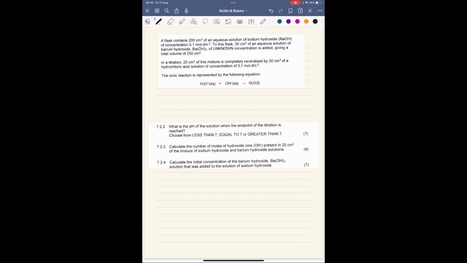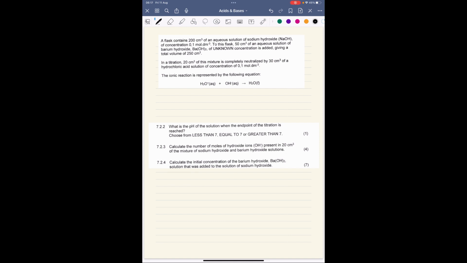In a titration, 20 centimeter cube of this mixture is completely neutralized by a 30 centimeter cube of a hydrochloric acid solution of concentration 0.1 moles per decimeter cube.